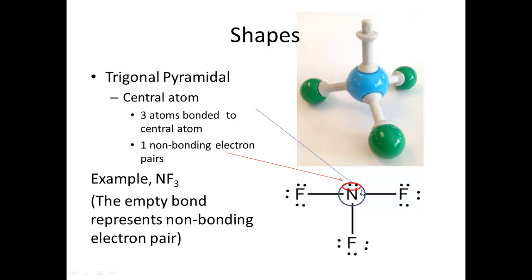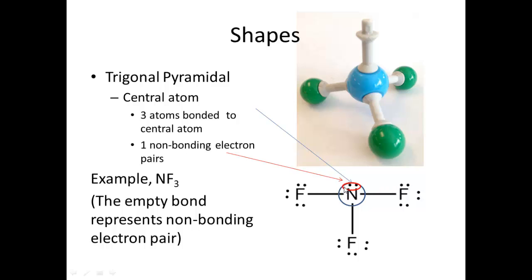In this case, the central atom, again, is the one in the middle, the one that's bonded to multiple atoms. In this case, it's nitrogen. And you can see nitrogen's bonded to 3 fluorine atoms. 1, 2, 3. And what is different in this one is that there are non-bonding electron pairs.